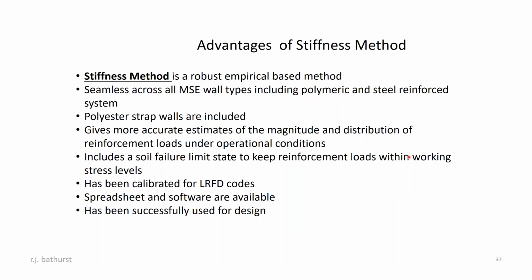But what really separates them is the stiffness of the reinforcement. Because the stiffness of the reinforcement is included explicitly in the stiffness method, this allows us to transit through both types of walls. It also includes polyester strap walls.